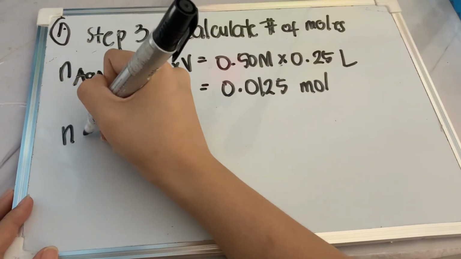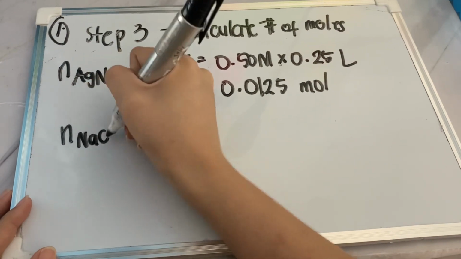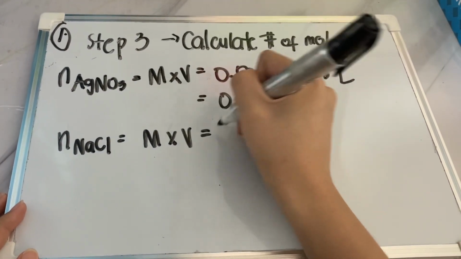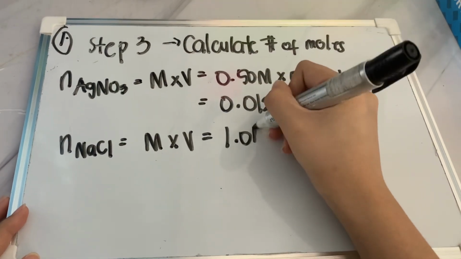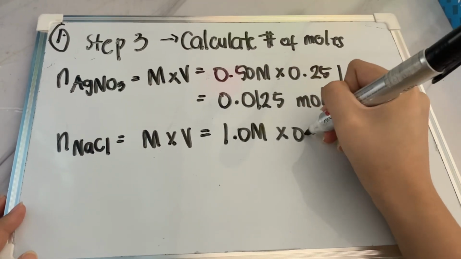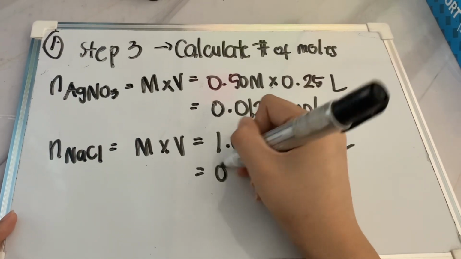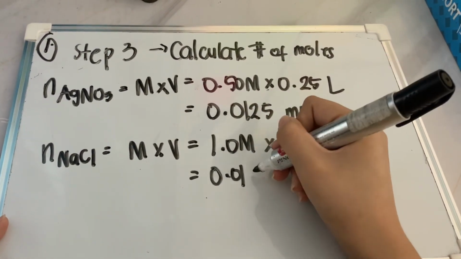The next one is for NaCl. It's the same formula lang atong gamiton, which is M times V. So substitute 1 M times 0.010 liters is equal to 0.010 mole.